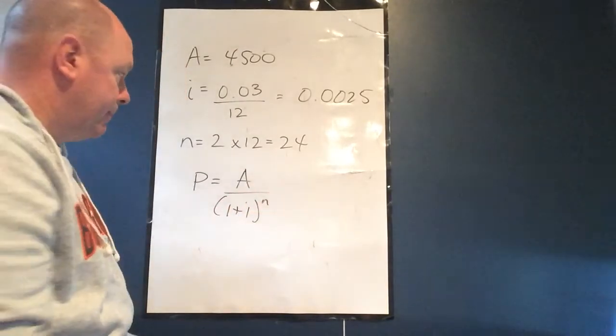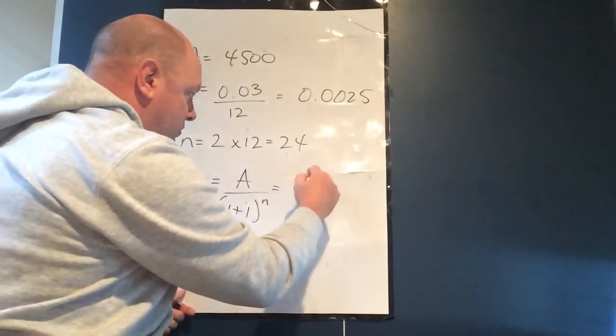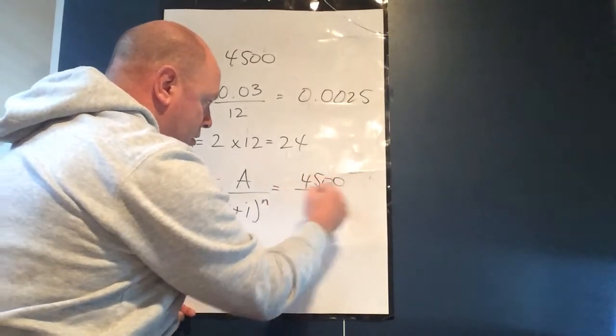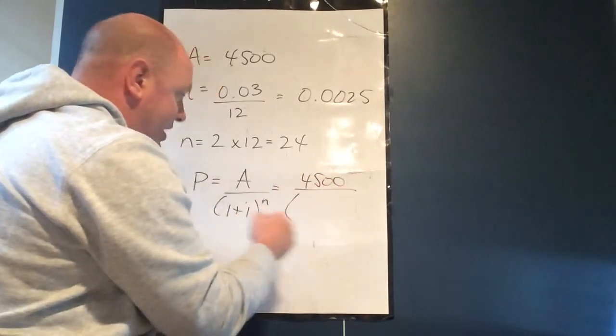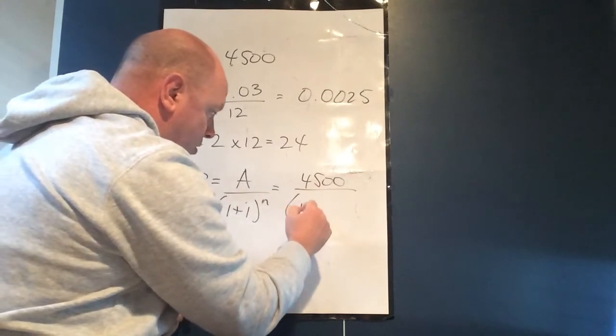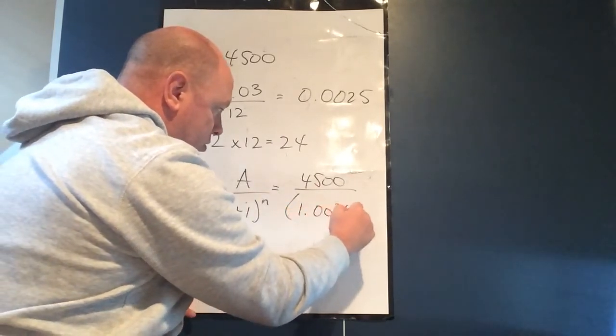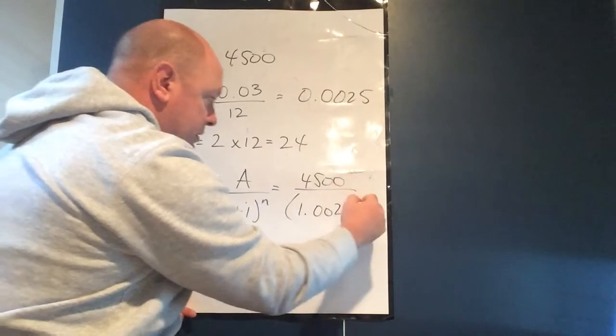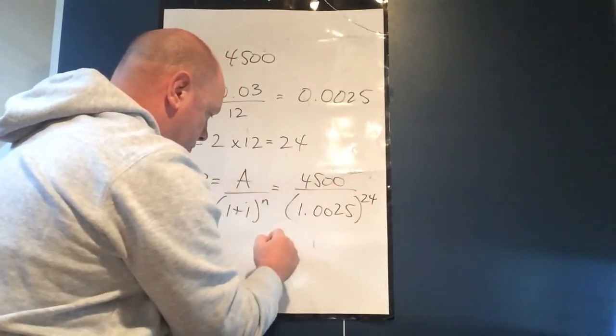We know A is $4,500, and we know that our i value is 0.0025, so we're going to go 1.0025 to the exponent 24.